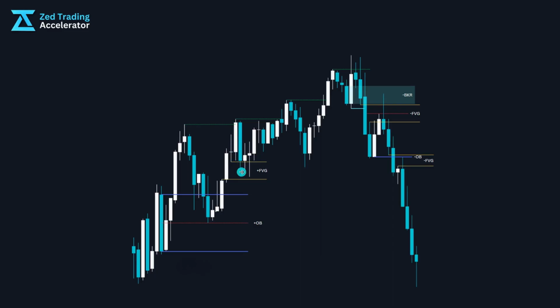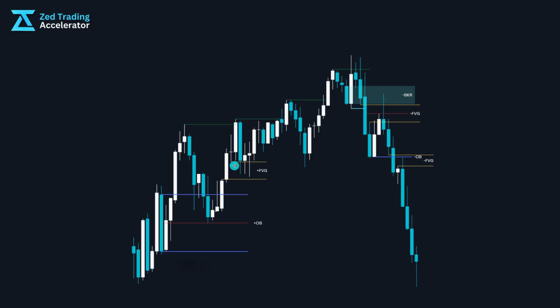Then price retraces lower. We have a fair value gap right here. This is a PD array that we want to see price respect. And would you look at that? Price respected that fair value gap beautifully, even failing to close a candle inside this fair value gap.